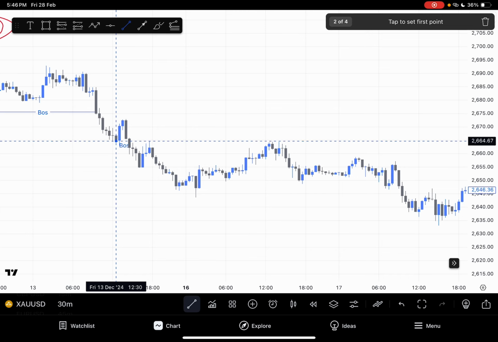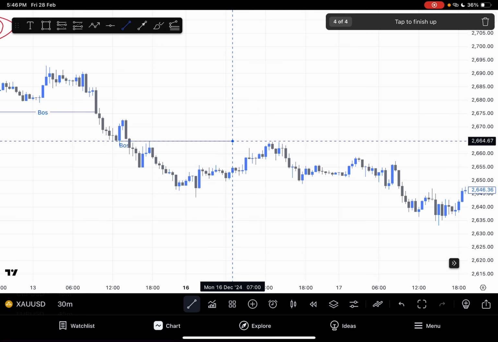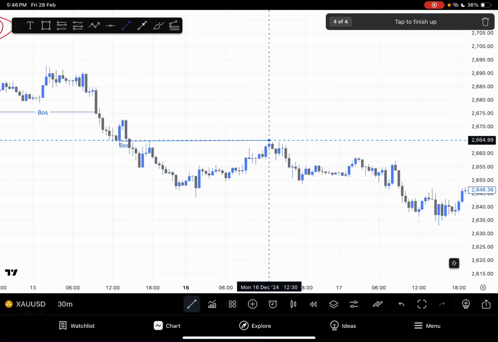But in most cases you can use the wick of the candlestick because of spread. That's if your broker has a very wide spread, you can use the wick of the candlestick. But if your broker spread is okay, you can use the body of the candle.